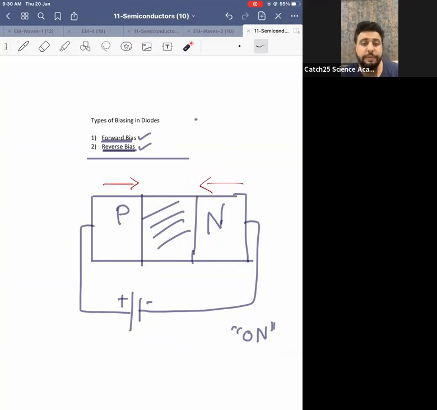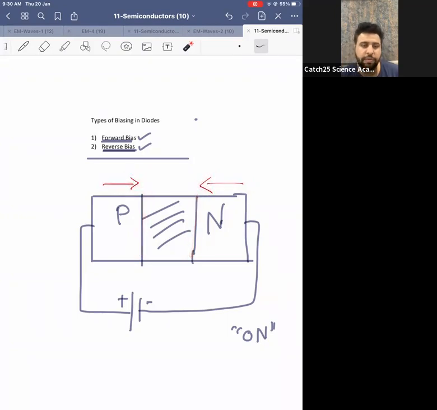So let me repeat. What is the definition of forward bias? When P region is connected to positive terminal and N region is connected to negative terminal, I get a forward bias PN junction diode. So what happens? Listen to this. In a forward bias PN junction diode, holes and electrons both move towards the junction and they combine.